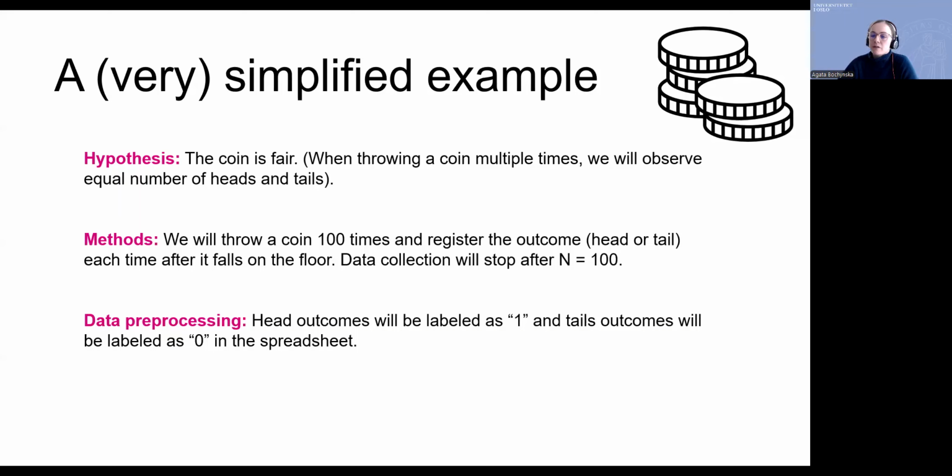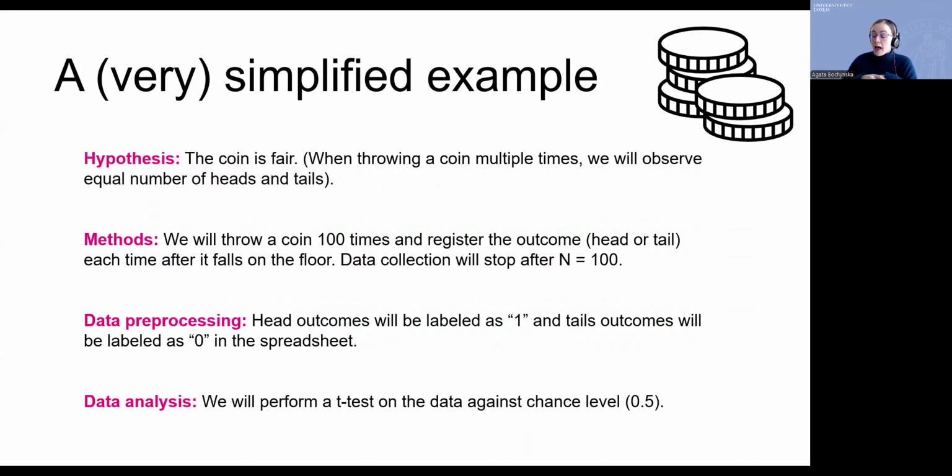And then I also have a specific plan for data preprocessing already now. I haven't started throwing the coin, but I already know that I will label my head outcomes as ones and my tail outcomes as zeros in the spreadsheet. And then I also have a very clear idea of what kind of analysis I want to perform. I will perform a t-test on the data against the chance level, so that I can see if it's no different from chance or if it's different from chance.